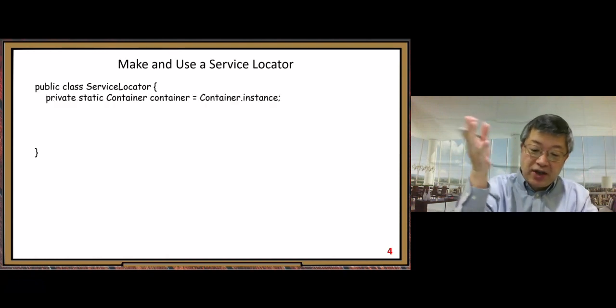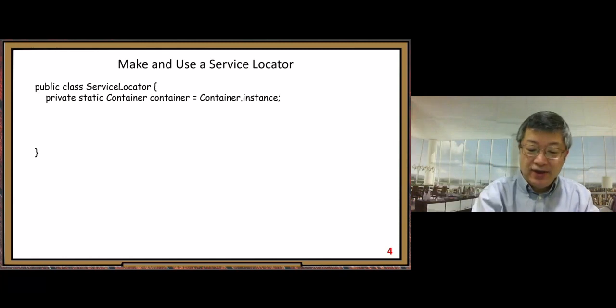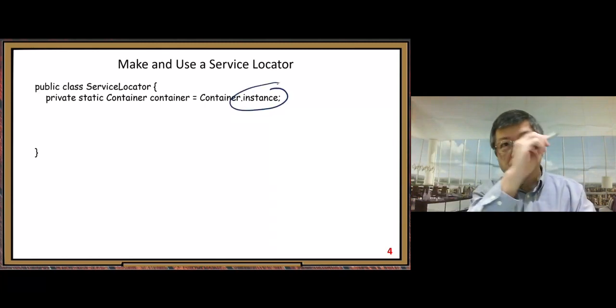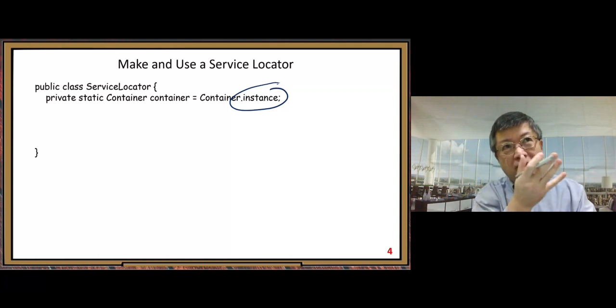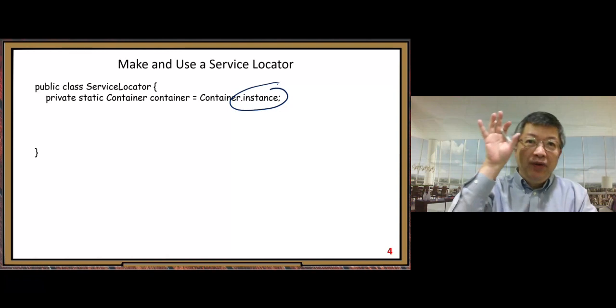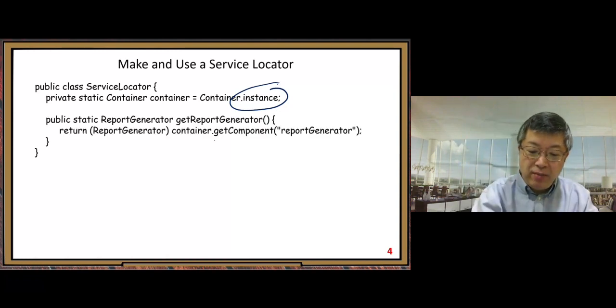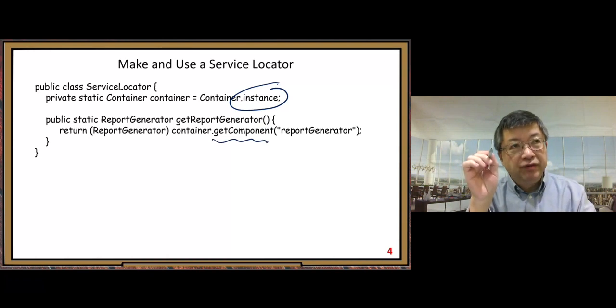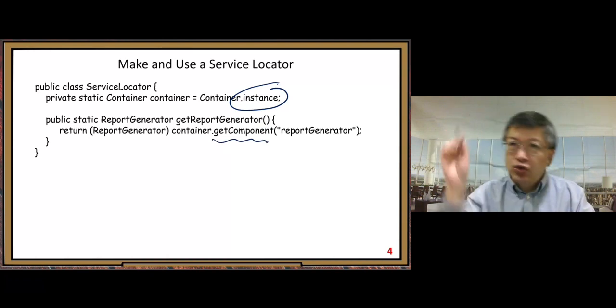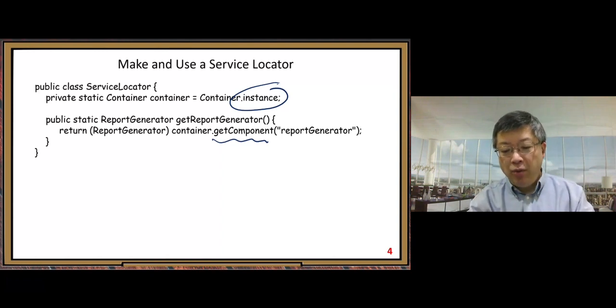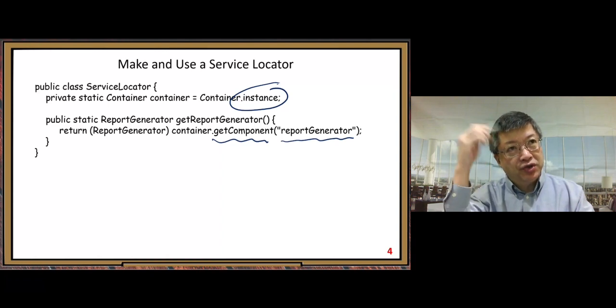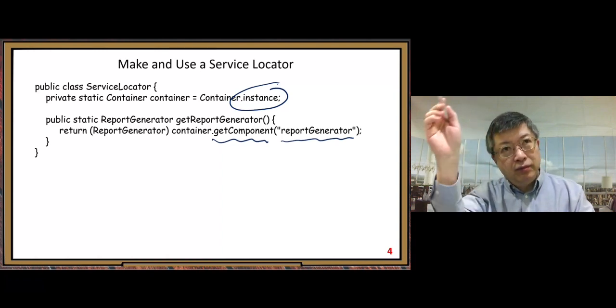First, we need to access the container, so get the static instance, the same way we used last time. With that static instance, you can call its get component method to retrieve the resource stored under a special key, the name report generator. That's the name the container uses to store that resource.